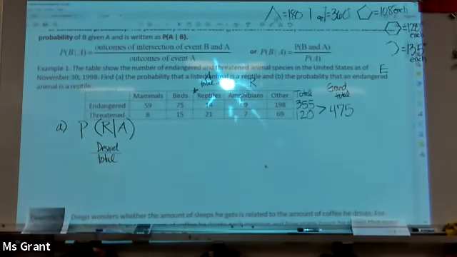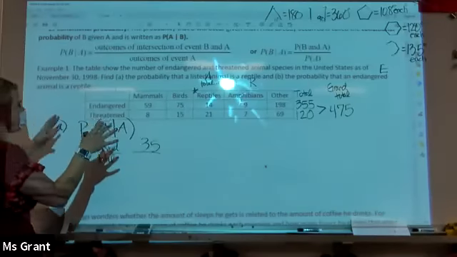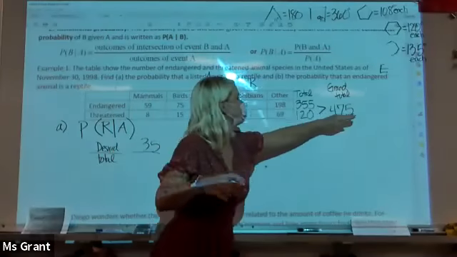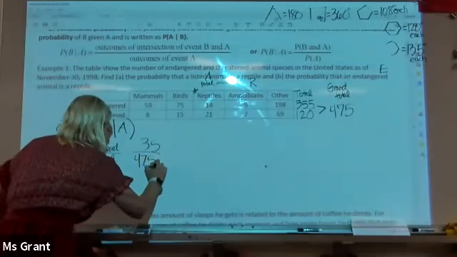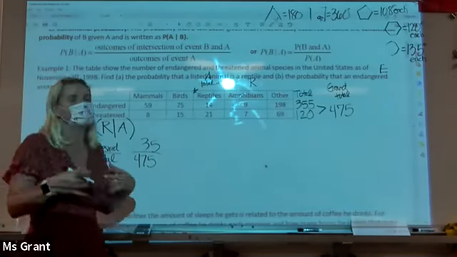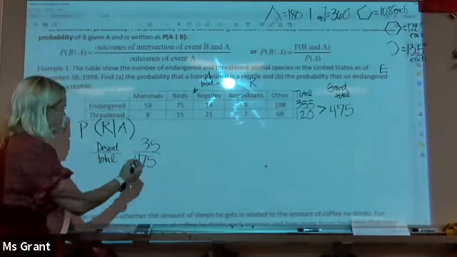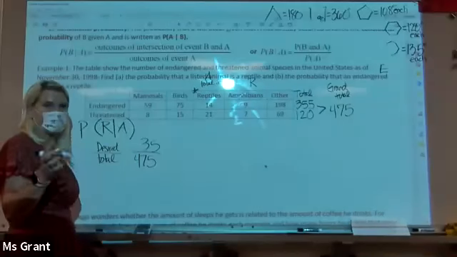How many reptiles, Adam? 35. Total, all these animals listed. These are all listed. Grand total, divided by 475. So then I divide that and I'm going to get a decimal. In my probability, I want decimal answers. So what's the decimal answer? Someone on Zoom, we'll go back and forth.